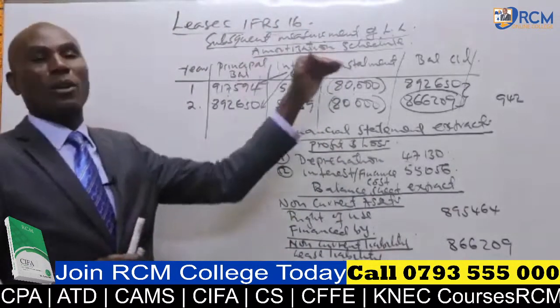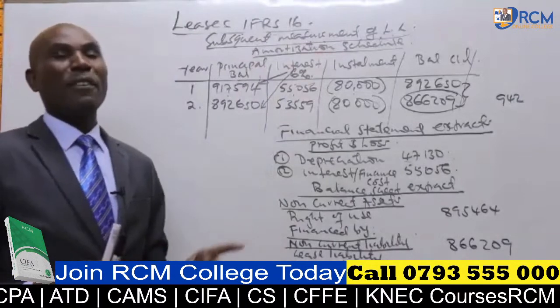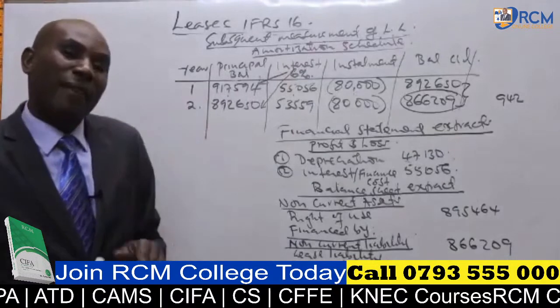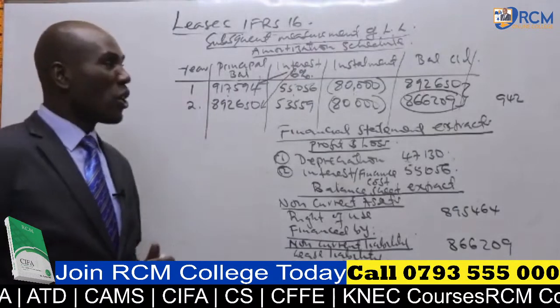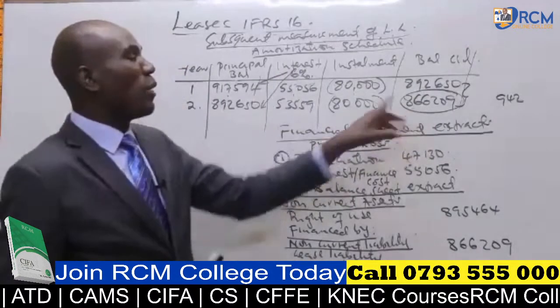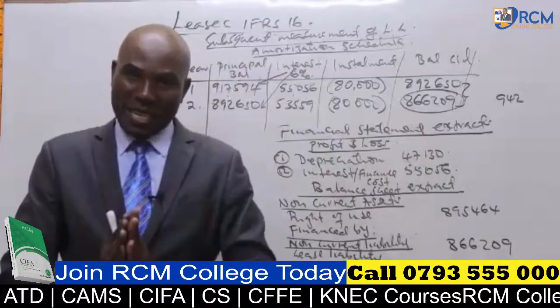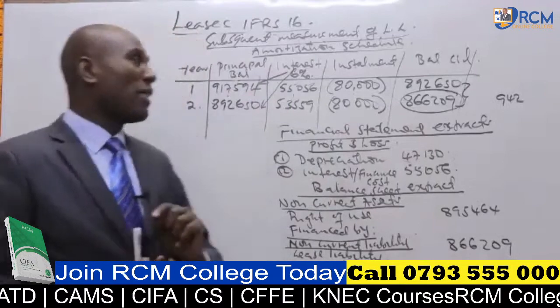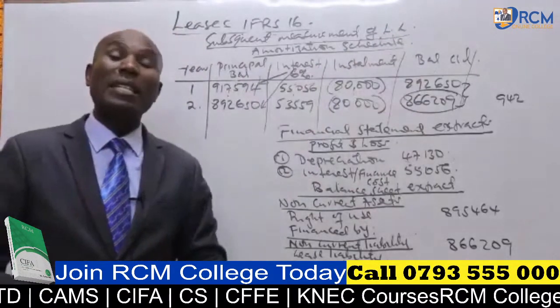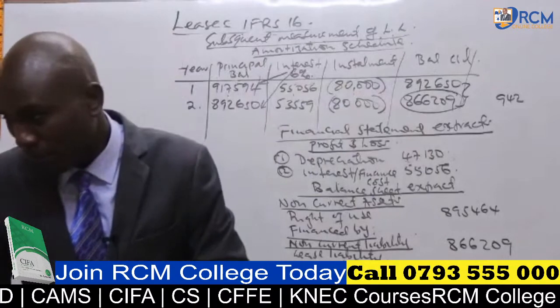If the examiner wanted year 1, you add year 2. If he wanted year 3, you add year 4. If he wanted year 5, you add year 6. So the one for year 2 will be the non-current liability. Then the difference between year 1 and 2 will be the current liability.